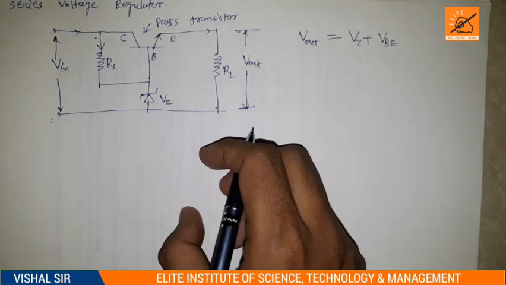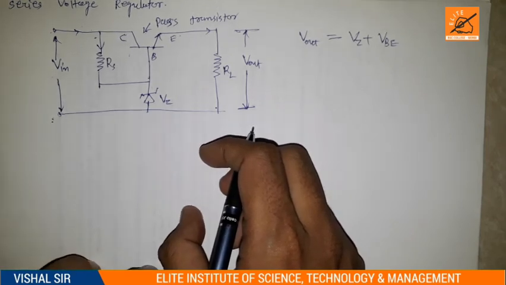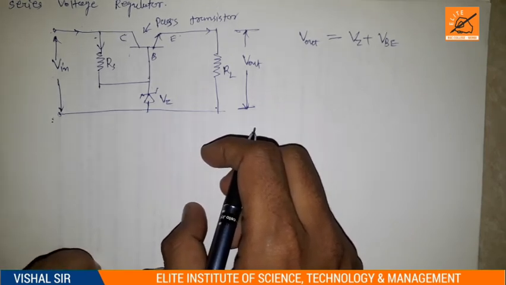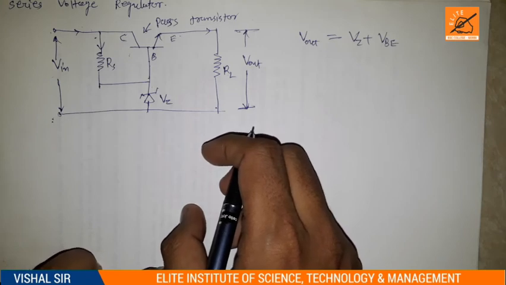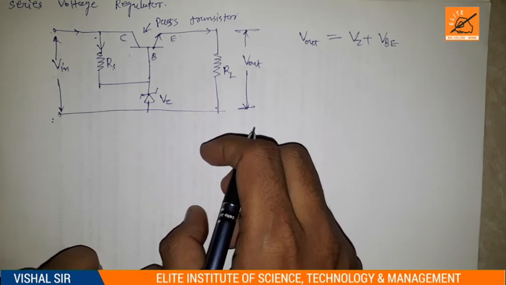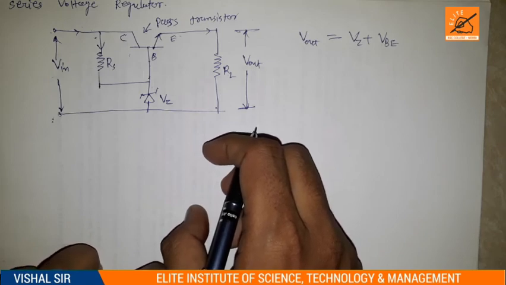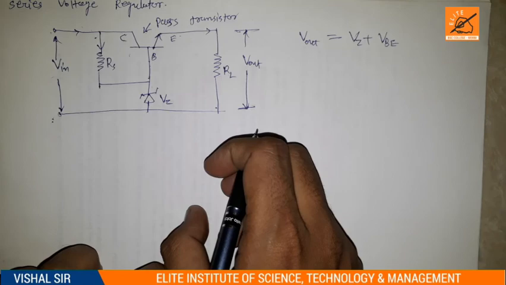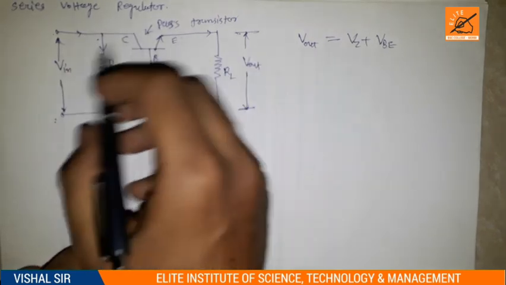Now we will recall one thing, that the shunt regulator has a constant input current when the load current changes. The series regulator is different because its input current is approximately equal to the load current. When the load current changes in a series regulator, the input current changes by the same amount.